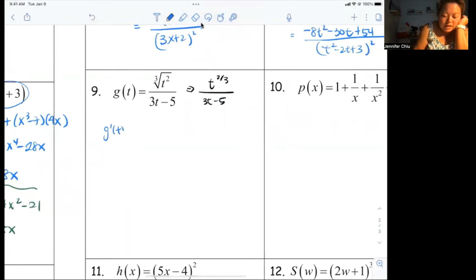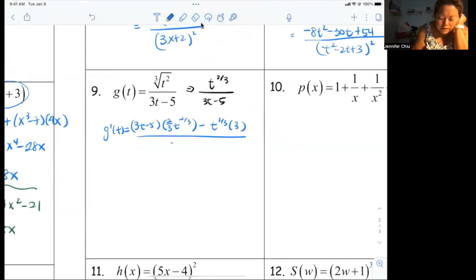I have g prime of t is low d high, so 2/3 t to the negative 1/3, minus high d low, all over low squared. Okay, I clean this up. We're going to distribute. You have t here and negative 1/3 here.